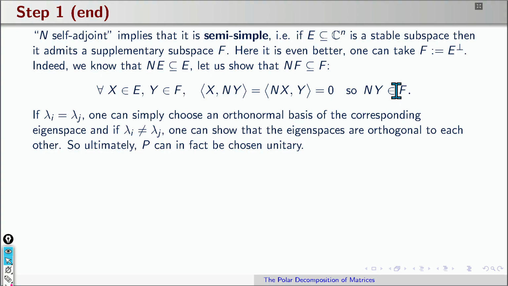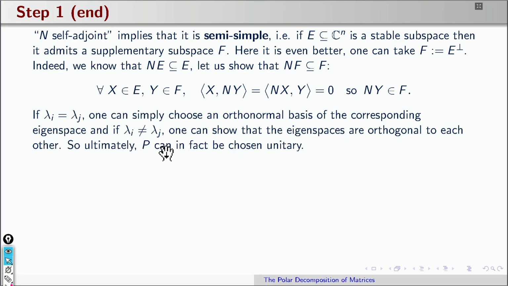In fact, the last ingredient to show that n is diagonalizable is to show existence of an eigenvalue for every subspace. I will not do it here, but I want to add that, of course, if you are inside an eigenspace, you can choose an orthonormal basis, and if you have vectors in two different eigenspaces, they are necessarily orthogonal.